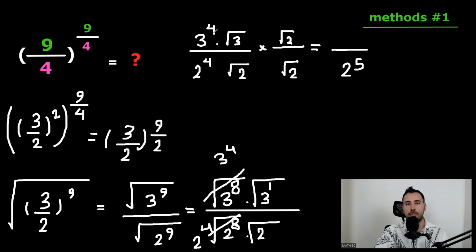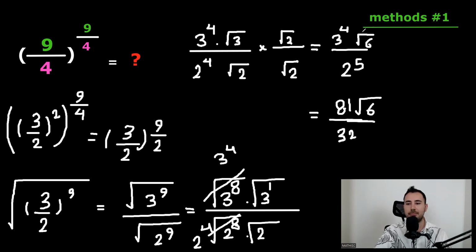Okay, so 3 to the power of 4, I'm going to write it as this. These two together are square root of 6. I could also write it here: 3 to the power of 4 is 81 over 32 and square root of 6.